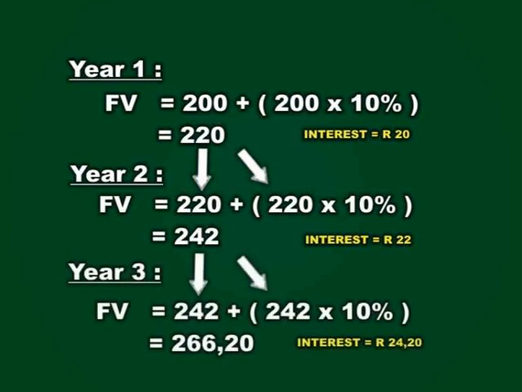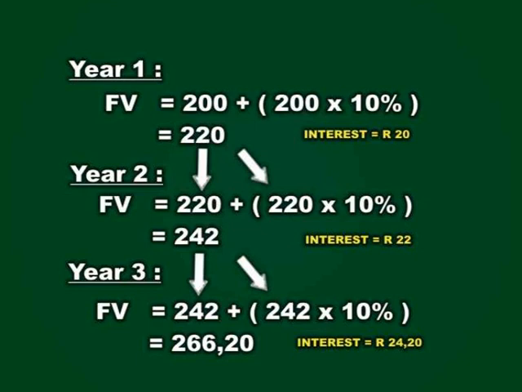During the third year, the interest you are charging is 10% of 242 Rand, which is equals to 24 Rand 20. That means for year 3, the interest you're charging is equals to 24 Rand 20. So let's just go through this again. The interest you charged your friend in the first year was no different from simple interest, it was 20 Rand.